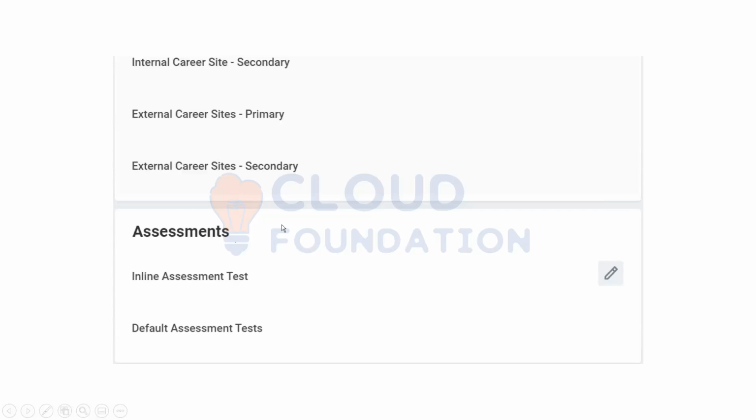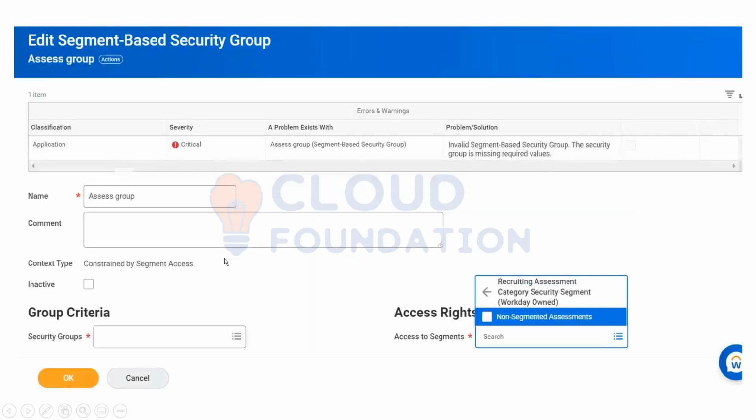And then there is a domain called Staffing Job Requisition, Assessment Job Requisition, which was not present over here. The policy was suspended, that's why I was not able to edit it. Otherwise, we would see such an assessment section. I was only able to see this kind of assessment segment created by Workday.